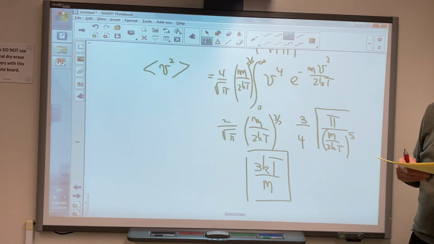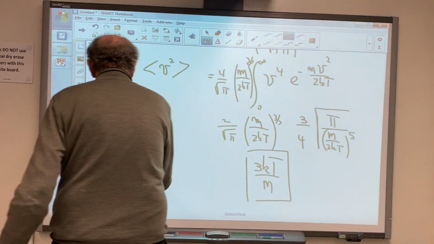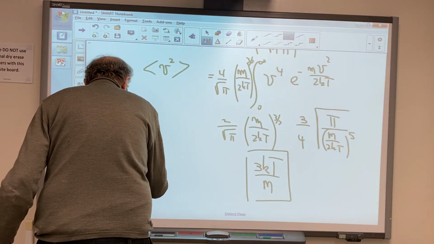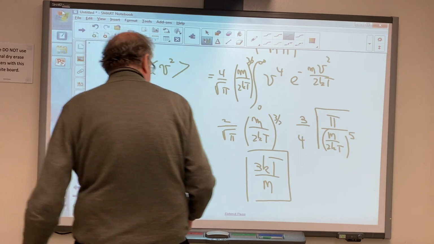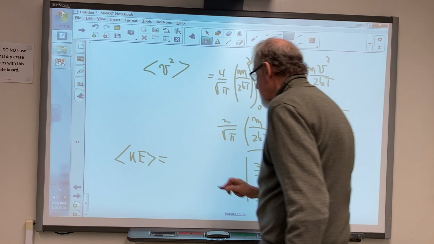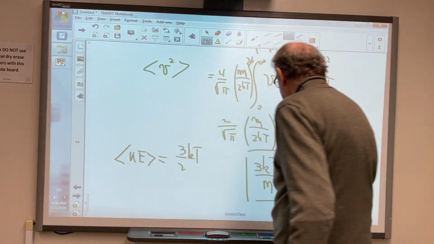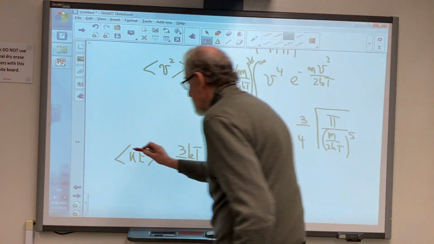And now I can obtain the famous thing I told you before, the average kinetic energy of a molecule in this room, which is 1/2 m v squared, is 3/2 kT. If I multiply by m and divide by 2, is this.